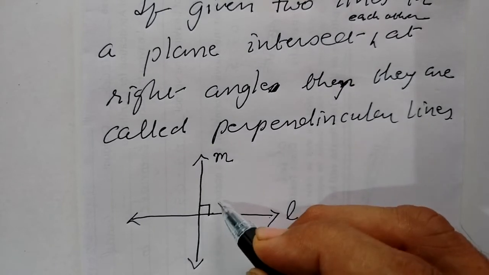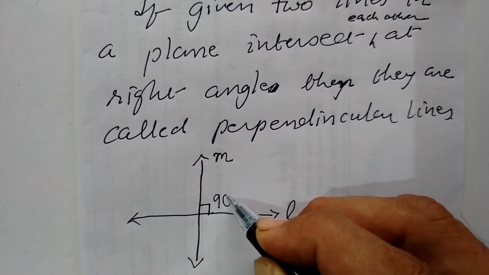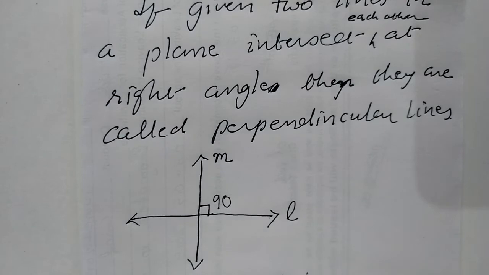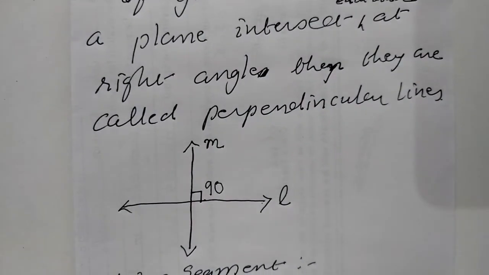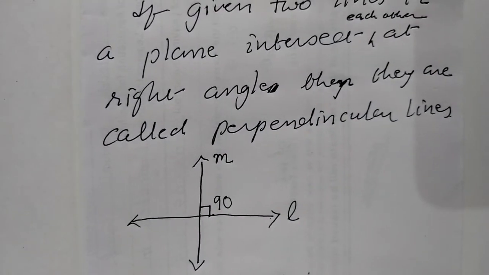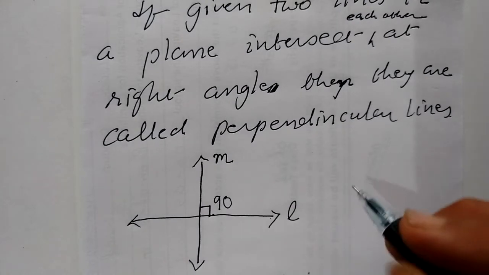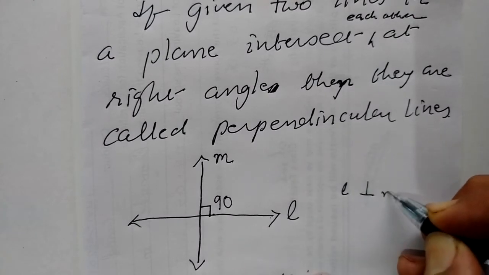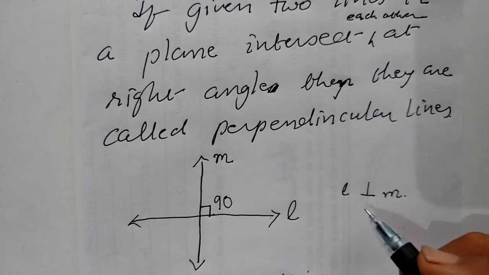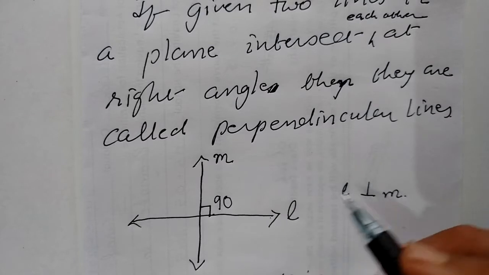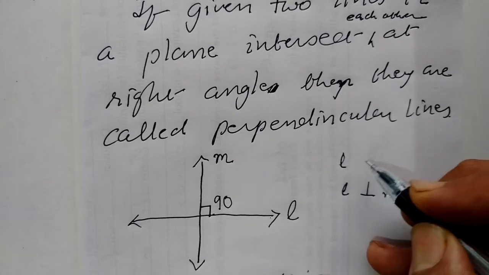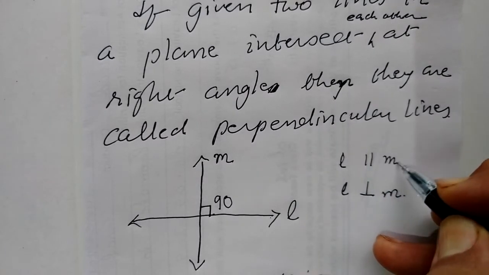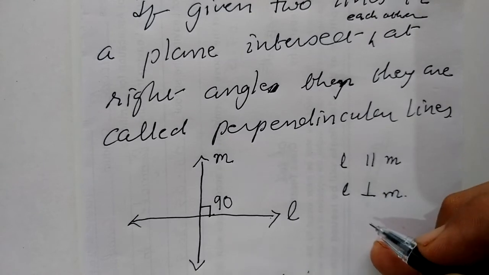This symbol is for a right angle, 90 degrees, children. Right angle means what? 90 degrees. So this situation tells us that the given two lines are known as perpendicular lines, and the symbol is this, children. L perpendicular to M. This symbol is for perpendicular, and the parallel line symbol is what? L parallel M. Remember these two symbols, children. Okay.